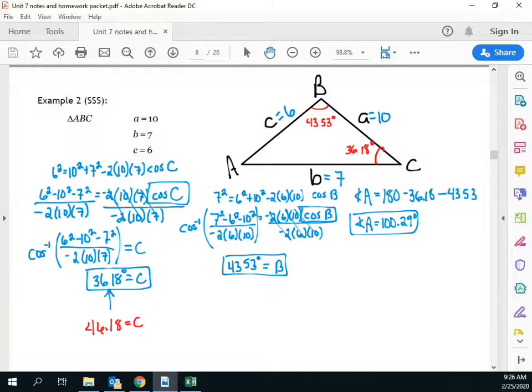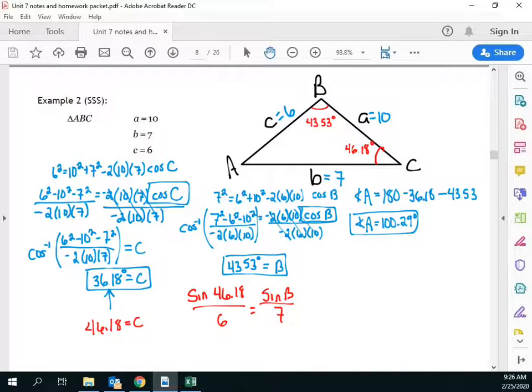So this becomes 46. And now I use law of sines here. So the sine of 46.18 over its corresponding side, which is 6, is equal to sine of B over 7.